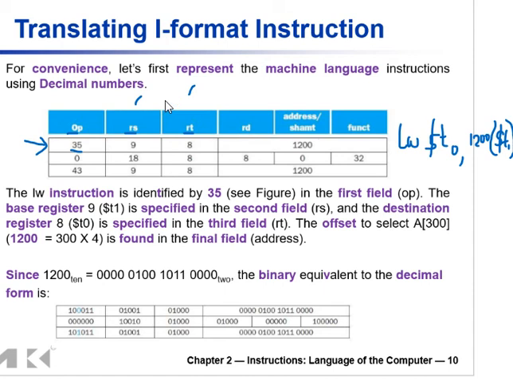But there will be a slight difference. So what is the RS? RS is the source and RD should be the destination. So what is the load word basically here? Load word transfers the data. It takes data from memory and puts it into a destination register.